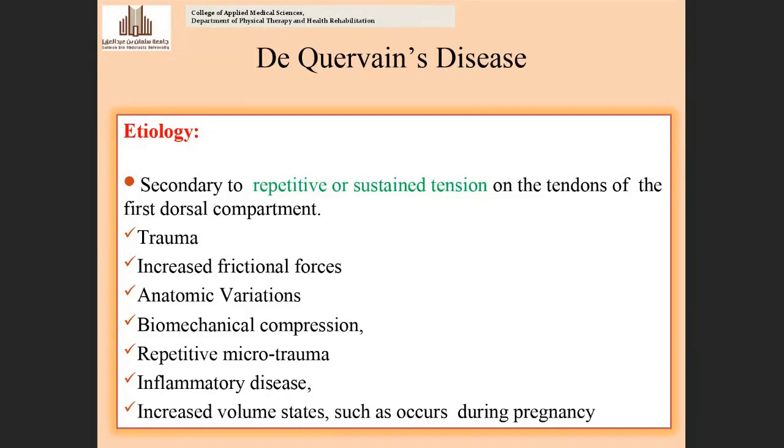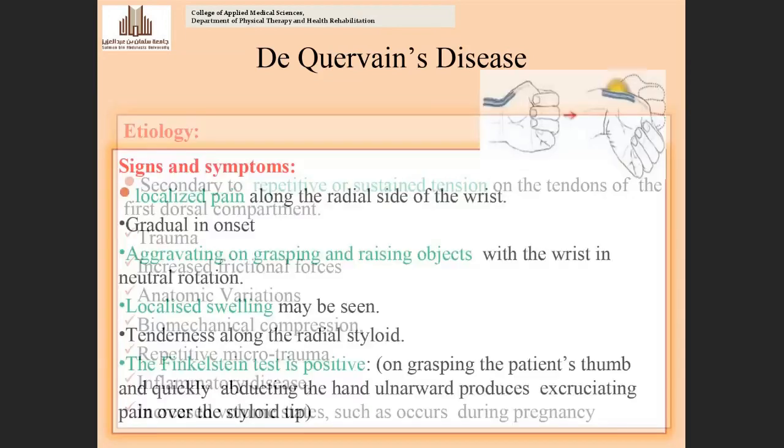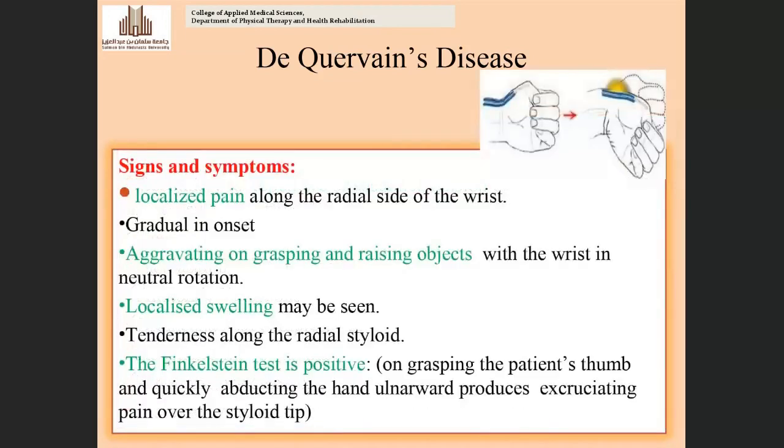It may also be due to biomechanical compressions or poor mechanics, repeated microtrauma, inflammatory diseases, and increased volume states such as pregnancy. During pregnancy, there is a chance of inflammation and edema in the hand regions.